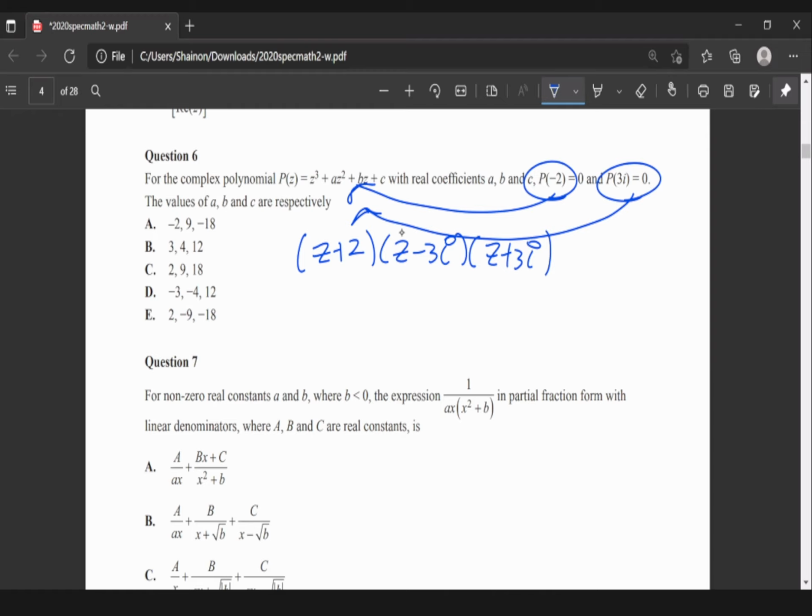So z plus 2 minus 3. So it should be negative. So it should be 2. 3 times 3, 9. And then 9 times 2, 18. Using the CAS, I just found that it was these values that corresponded to A, B, and C.